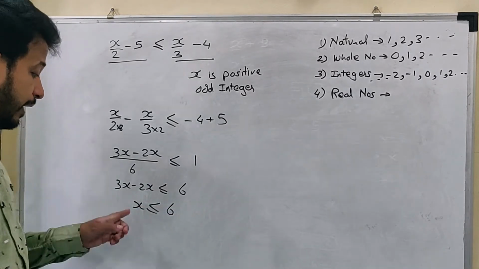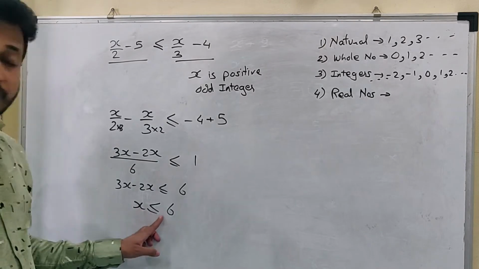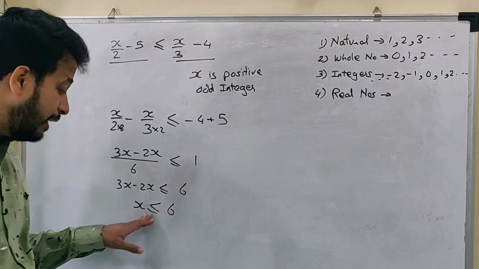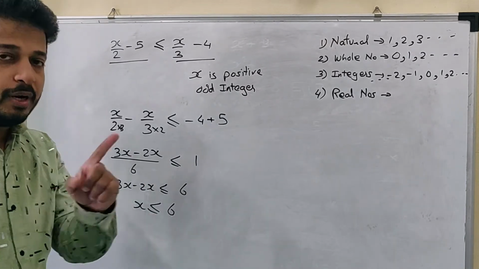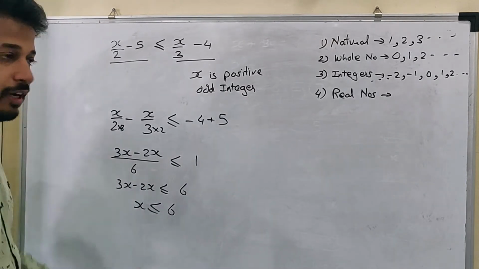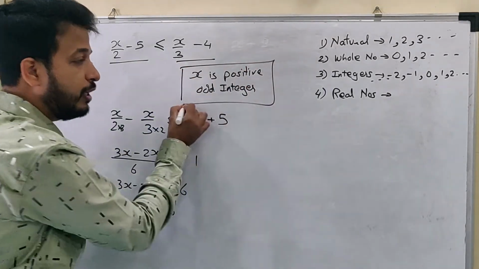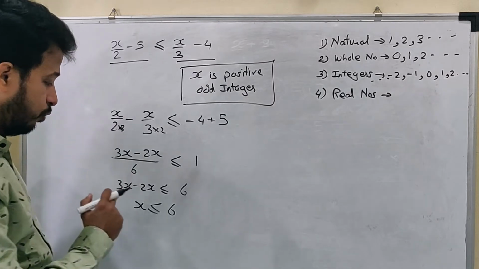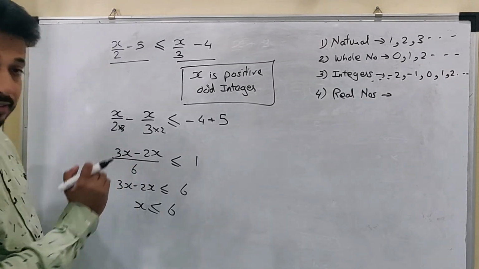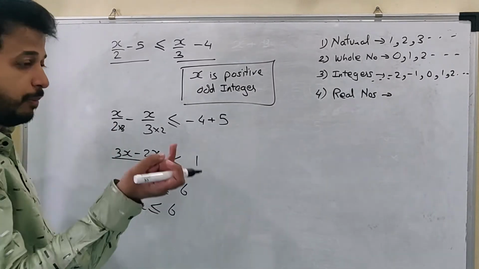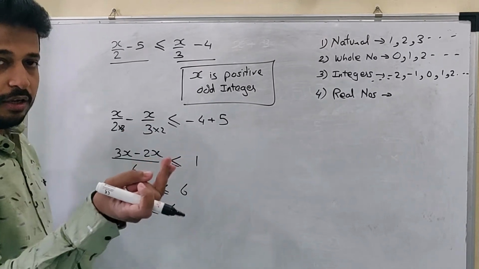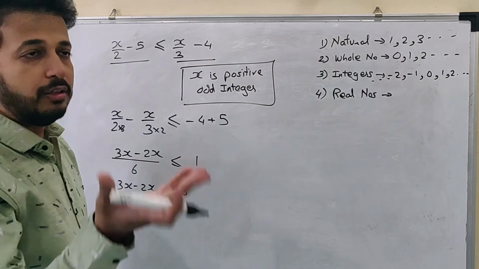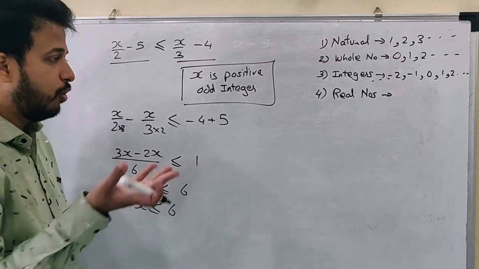Here x doesn't have one value; it has all the values which are less than or equal to 6. But the condition is that x should be positive and only an odd integer. So what odd numbers are there which are less than or equal to 6? 6 cannot come, so it will be 5, 3, 1, and I can't go below that because 0 is not an odd number.